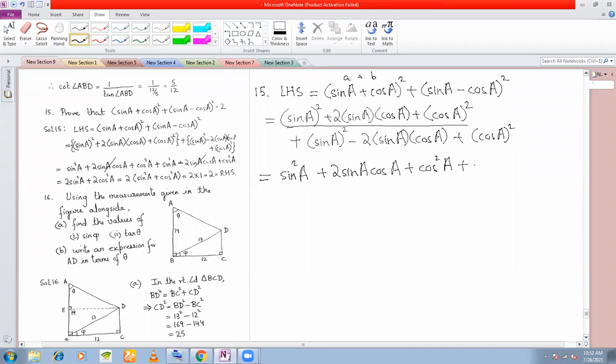Plus next is sin A whole square, which is sin² A, minus 2 sin A cos A, plus cos² A.